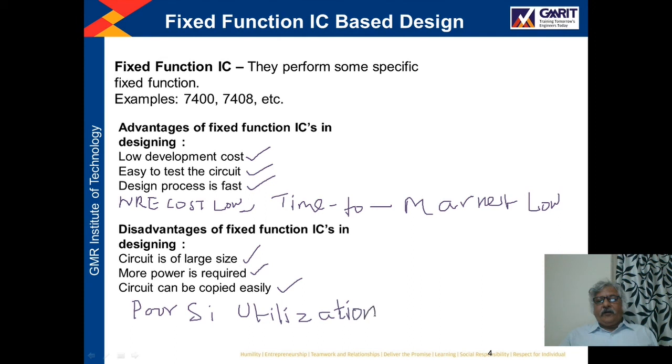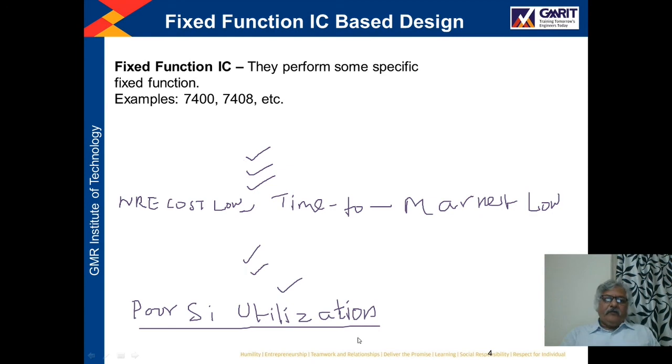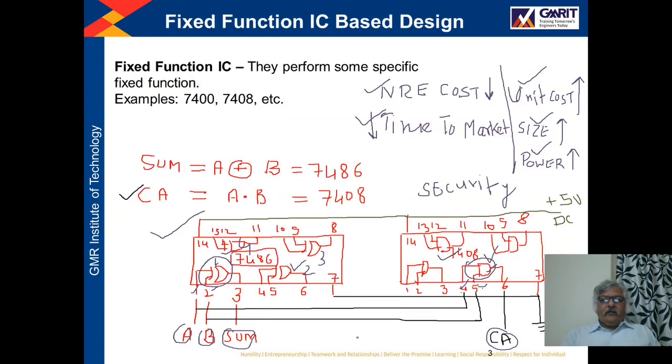The meaning of this poor silicon utilization is this. You have purchased this 7486 IC. All the logic of the XOR gates is implemented over silicon. The silicon required for the implementation of the 7486 IC is based on 4 two-input XOR gates, but our requirement is only one XOR gate. So the silicon utilization is poor.